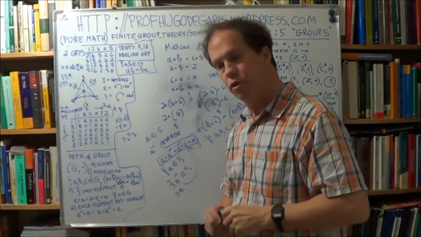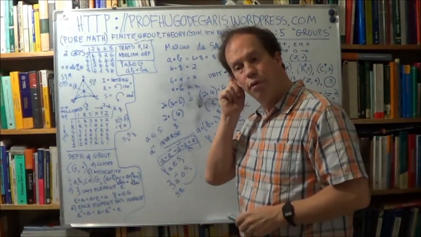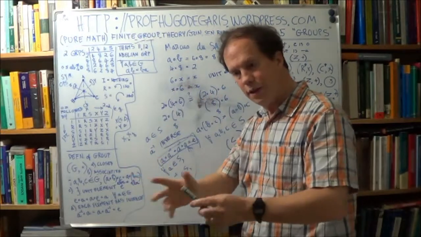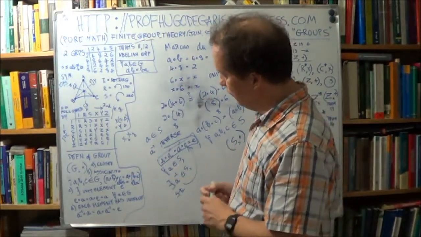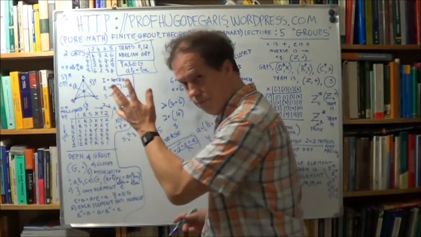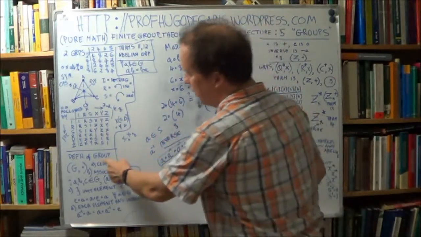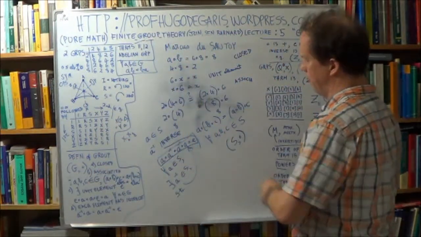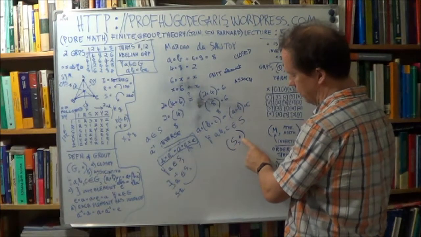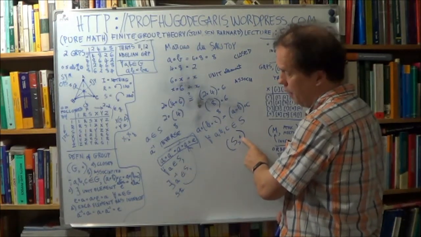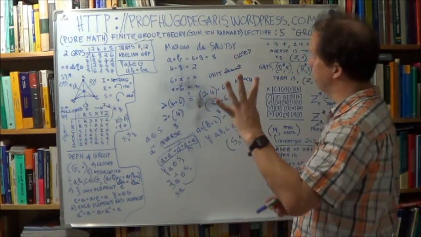If you were trying to prove that a particular set is in fact a group, now we're getting to the nitty-gritty. So the definition of a group is a set with its binary operator that satisfies these four properties.